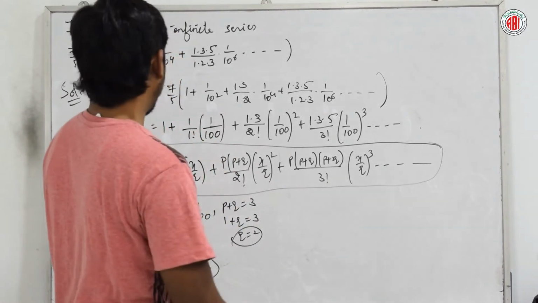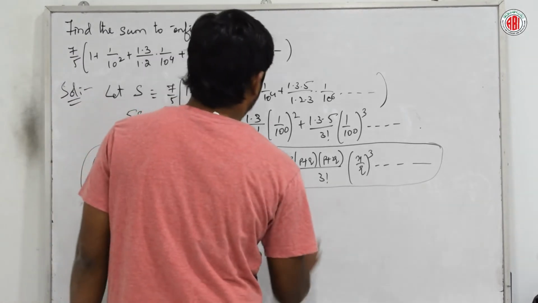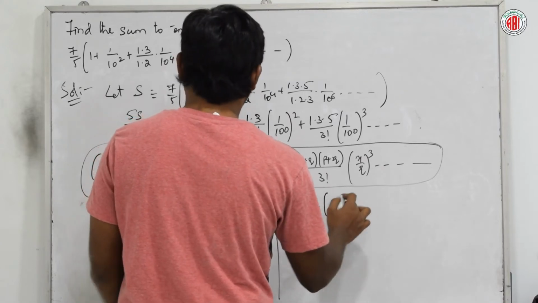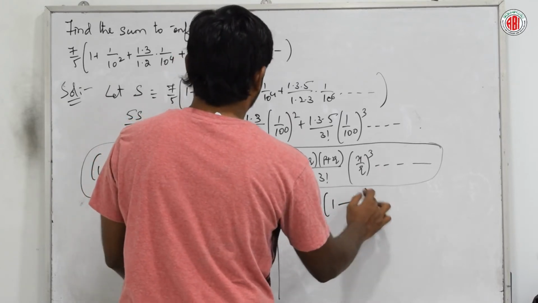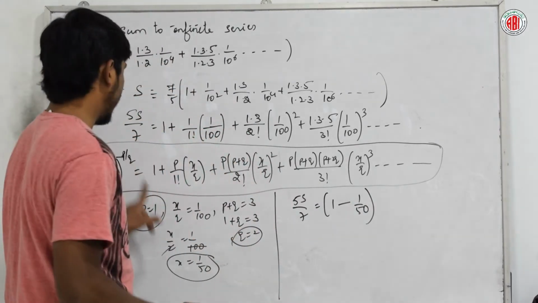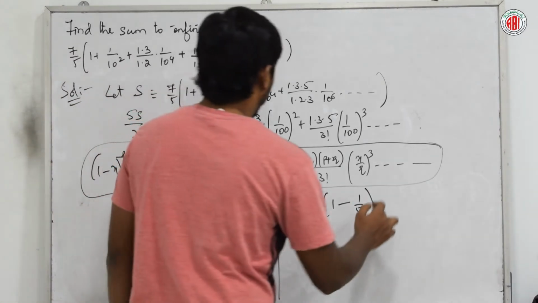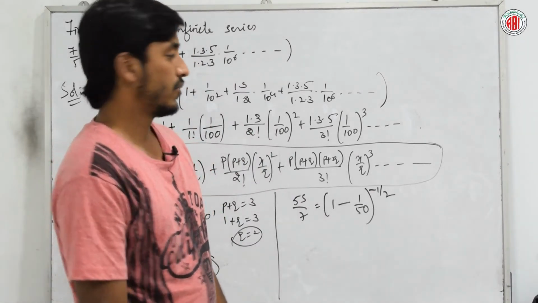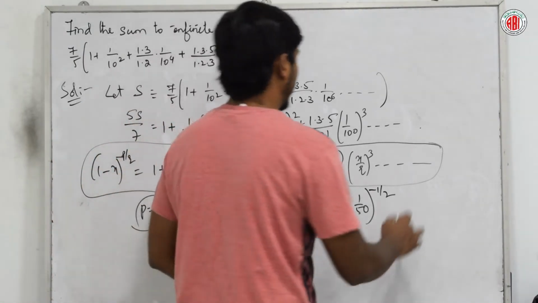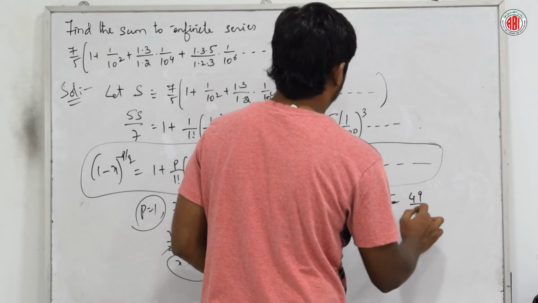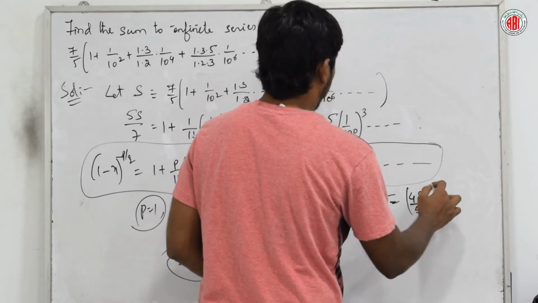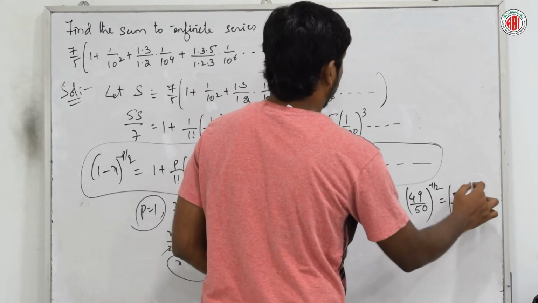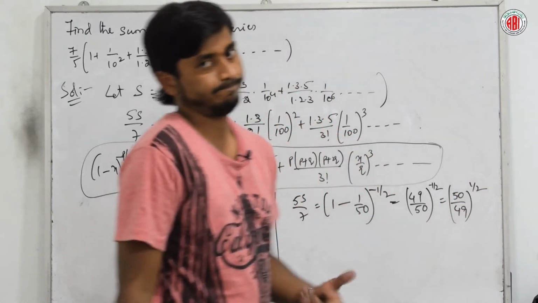Okay. So what will be my term? 5s by 7 is equal to 1 minus x power minus p by q, minus 1 by 2. Is it right? So 50 minus 1, that is 49 by 50 whole power minus 1 by 2, or simply 50 by 49 power 1 by 2.